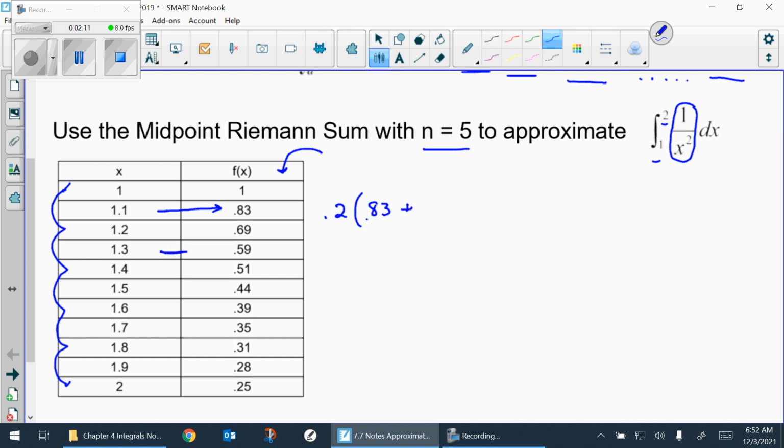Our height at the second midpoint, the midpoint of the second rectangle, 0.59. The third rectangle, 0.44. Fourth rectangle, 0.35. And the fifth rectangle is 0.28.